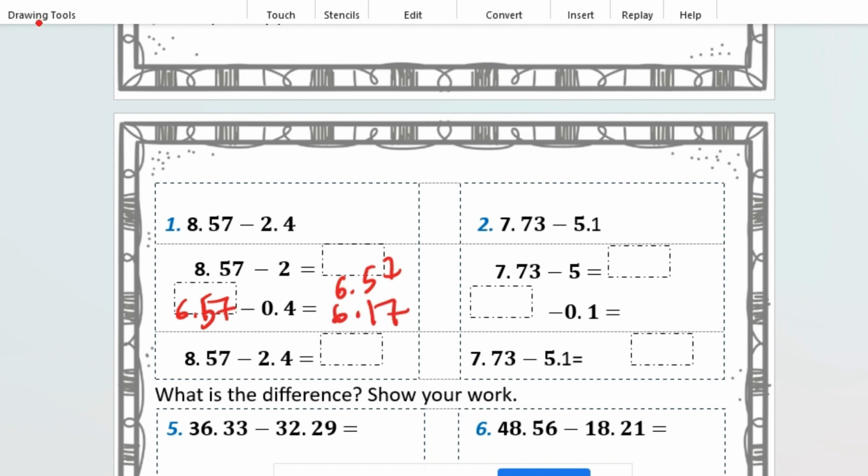And lastly, 8.75 minus 2.4, this will be 6.35.